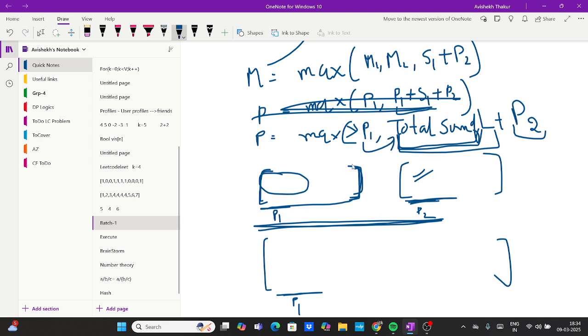If P2 was negative, total sum plus P2 would become a lesser value. But P1 will occupy entirely, because P1 is the max prefix. This holds true every time.